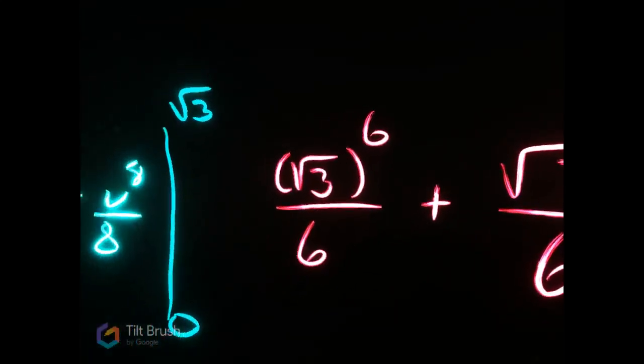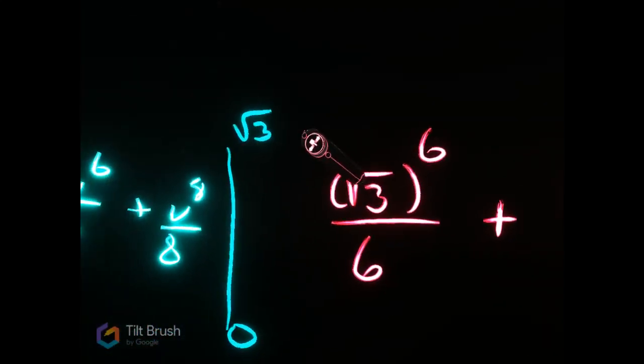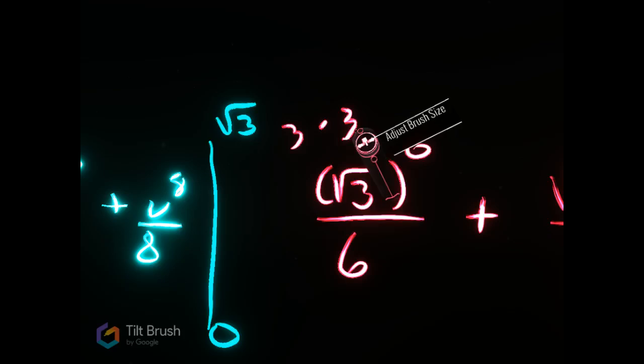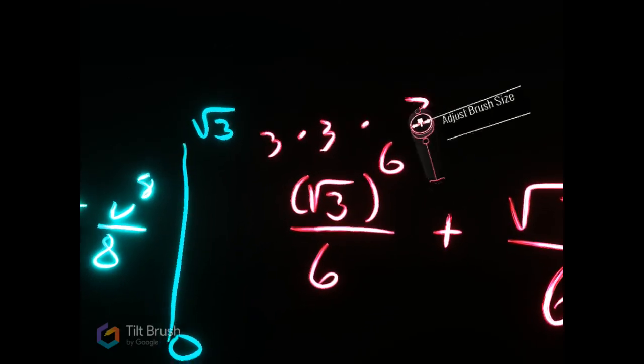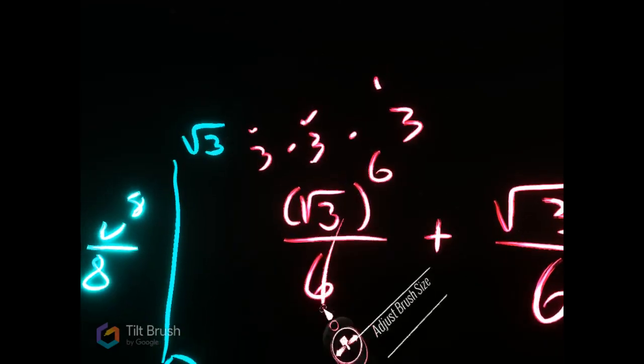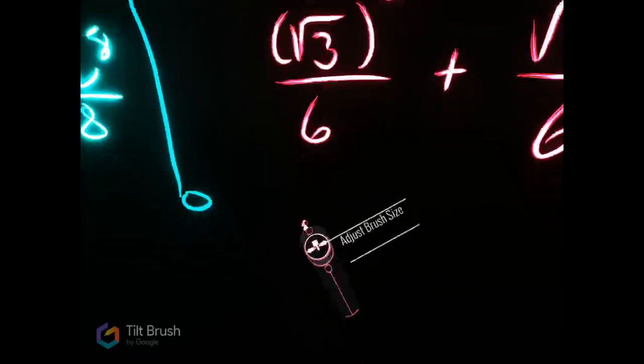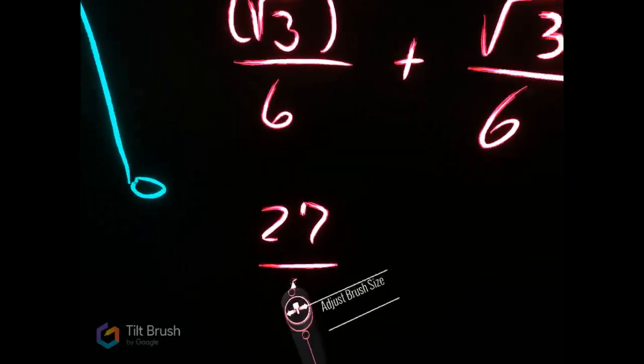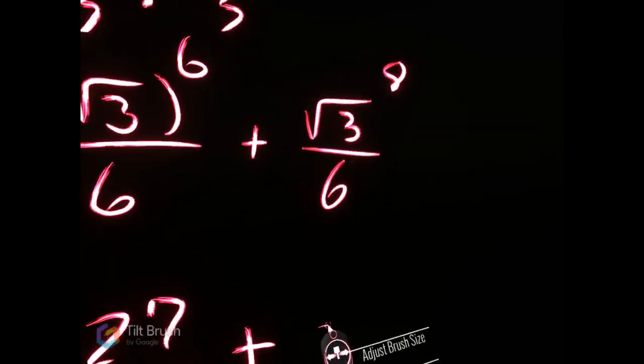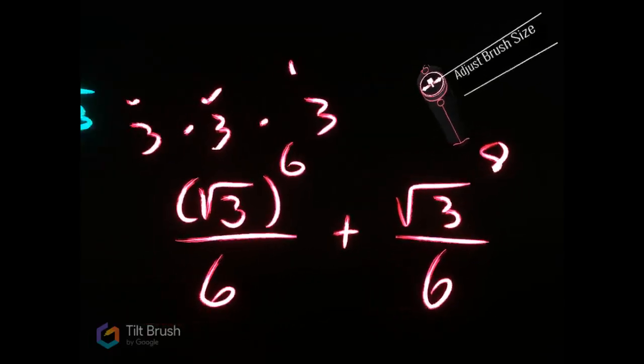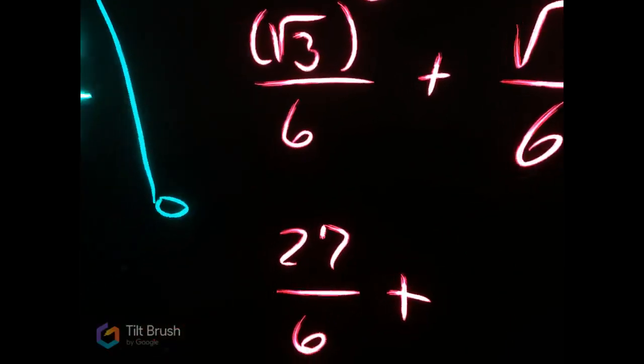So that's going to be 3 times 3 times 3, right? Because 2, 4, 6. So we have 27 over 6 plus, this is 3 times 3 times 3 times 3. So what's 27 times 3?